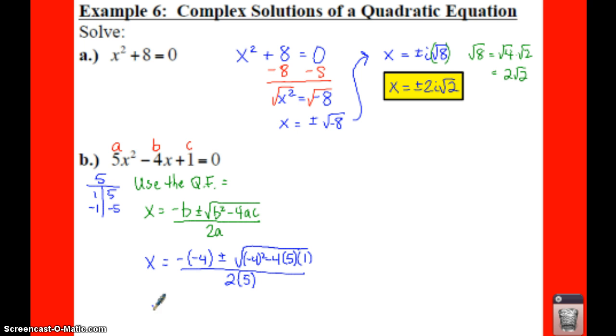So we simplify everything here, get rid of the negatives, so we get x equals 4 plus or minus the square root of 16 minus 20, all over 10.